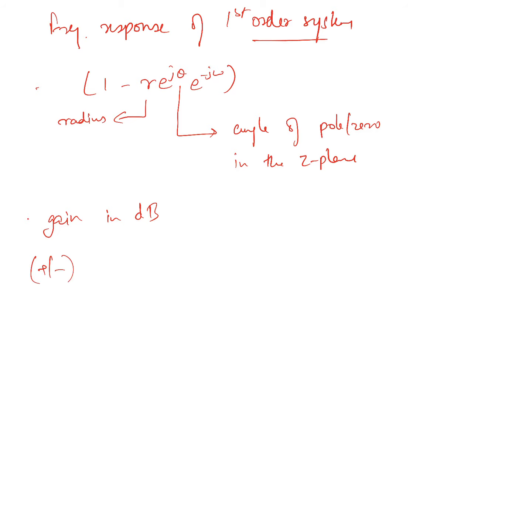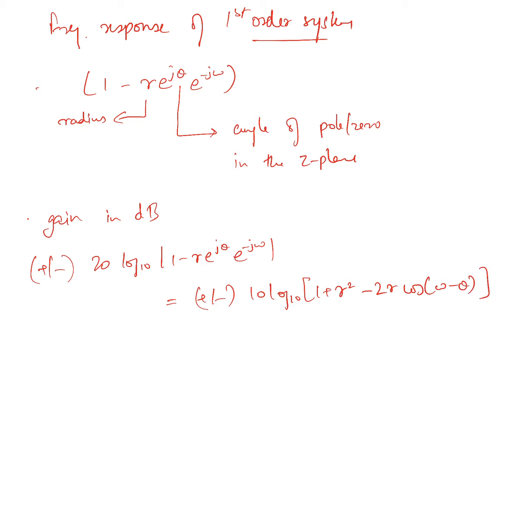Let me write the expression first and then we shall discuss. 20 log base 10 of the magnitude of 1 minus r e to the power j theta e to the power minus j omega, which you can write as equivalent to plus or minus 10 log base 10 of 1 plus r square minus 2r cos of omega minus theta.